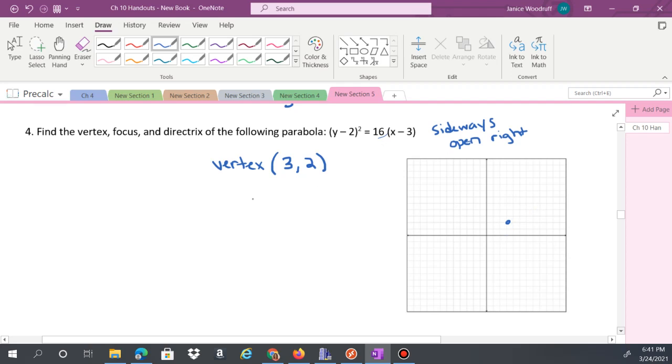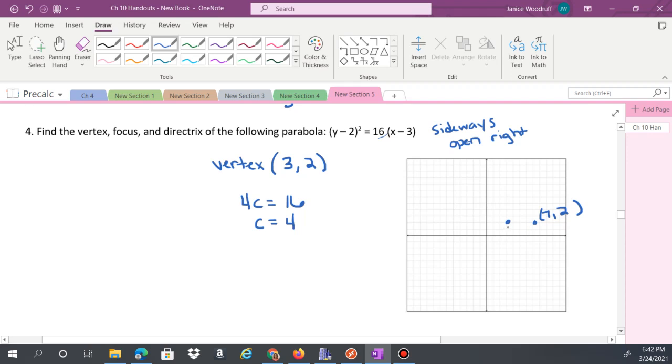What is my focus? So we got to get our c, so we do 4c equals 16, which gives you a c value of 4, which means I go right 4. So 1, 2, 3, 4, which gives you the point (7, 2).